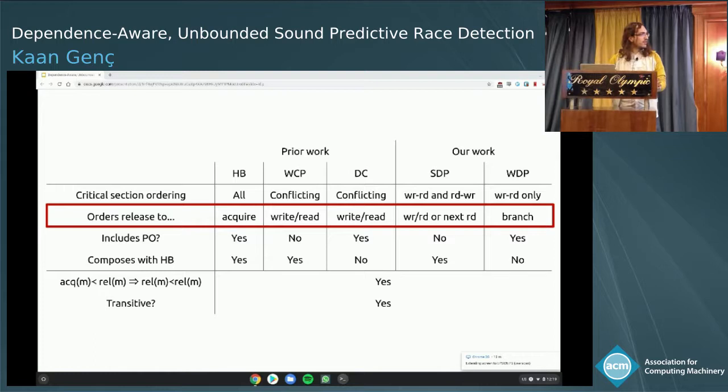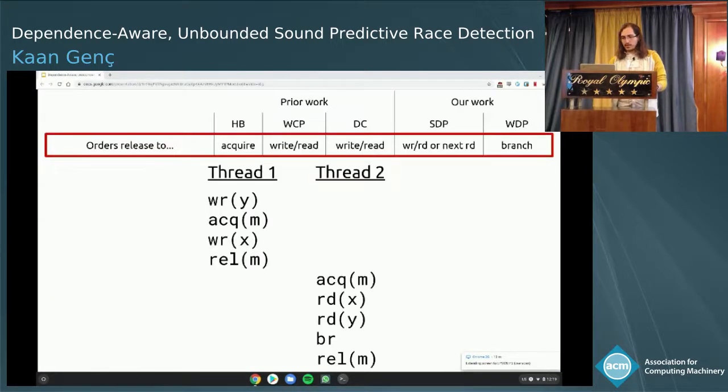Now, another thing I want to show you is what these methods consider to be the actual point of synchronization, because that's also an important difference. To show that, I want to show you a different example. This is a slightly more complex example, and what we have here is a write-read conflict between these threads.